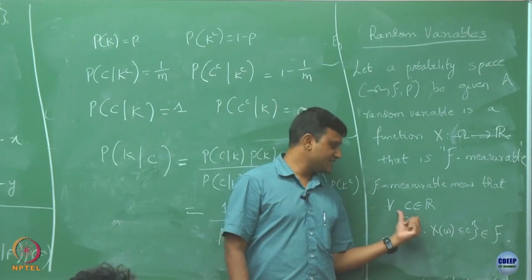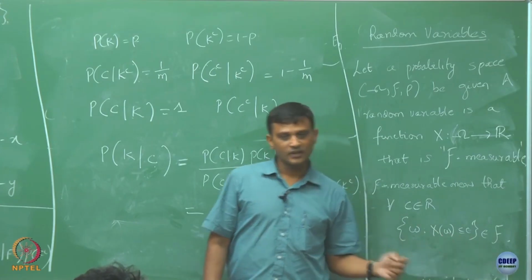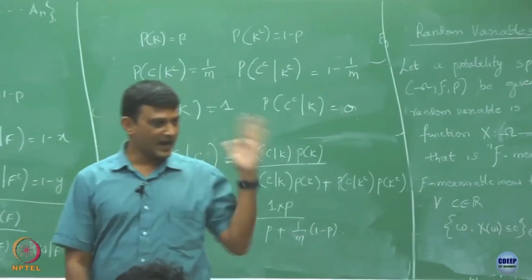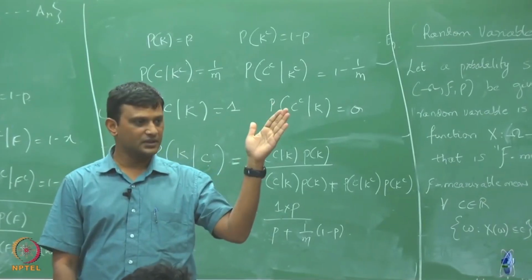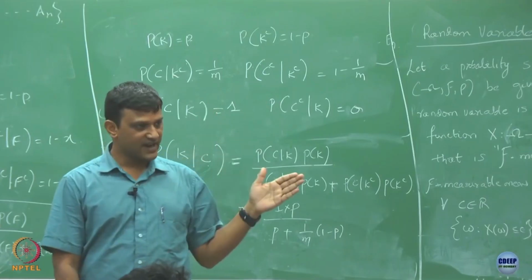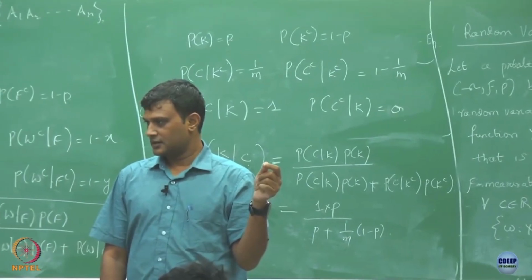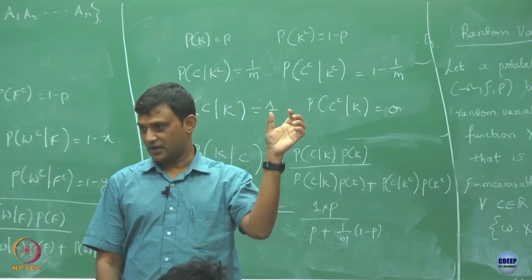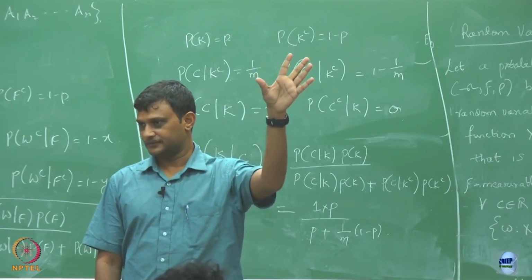That is why for any C I want this to belong to my script F. So basically what we are saying is a random variable is a function that maps my outcomes to real numbers, and it is such that for every possible real number, the set of outcomes that take value less than that real number should be an event that lies in my event space.